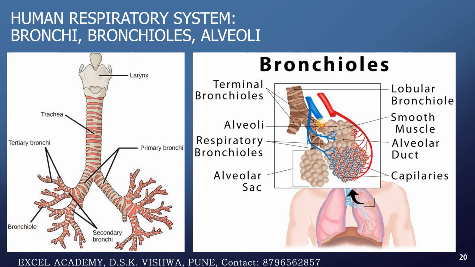So the bronchioles look like this. Smooth muscle, alveolar duct. This is the alveolar duct. These are the capillaries, which are very thin. So the alveolar sac is surrounded by blood capillaries, so the exchange of gases can take place through diffusion.